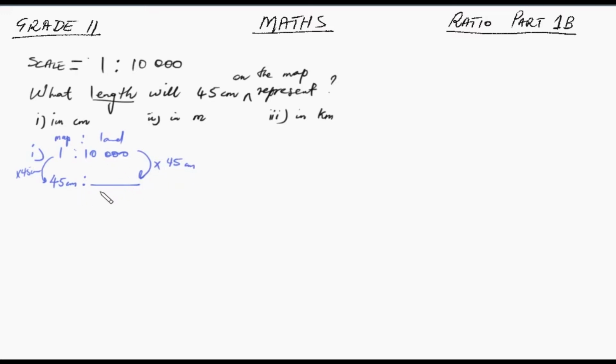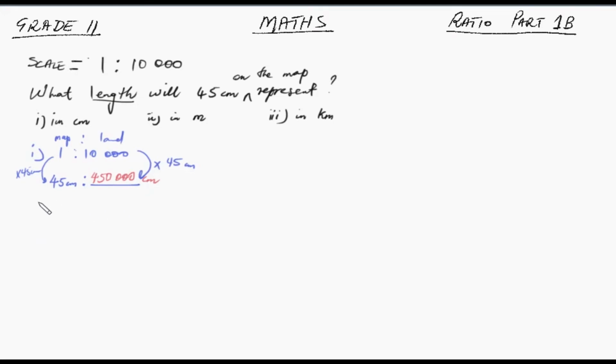When you multiply 10,000 by 45 centimeters, you are going to get 450,000 centimeters.